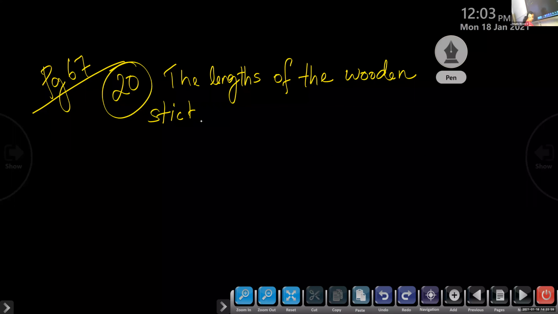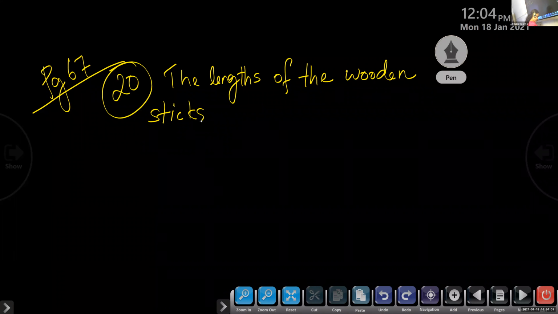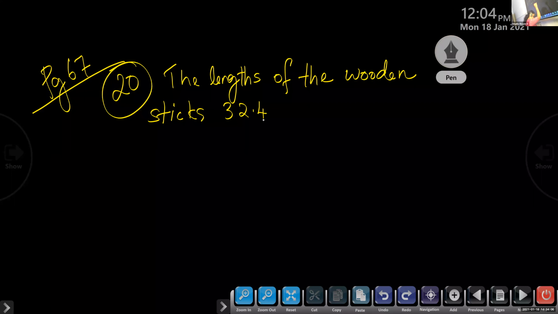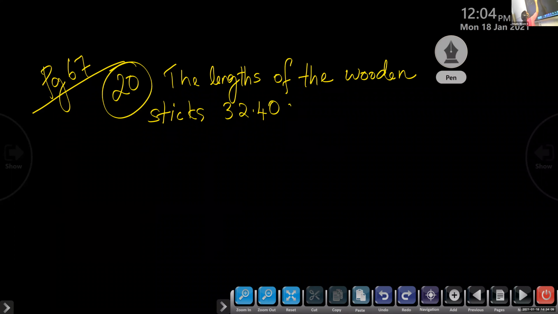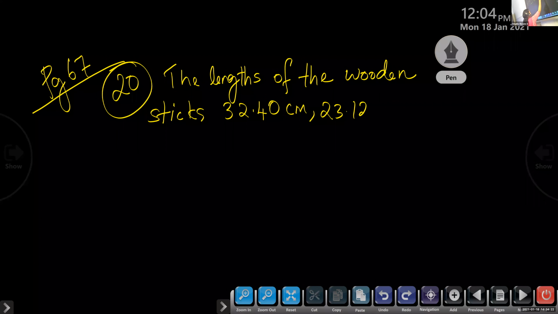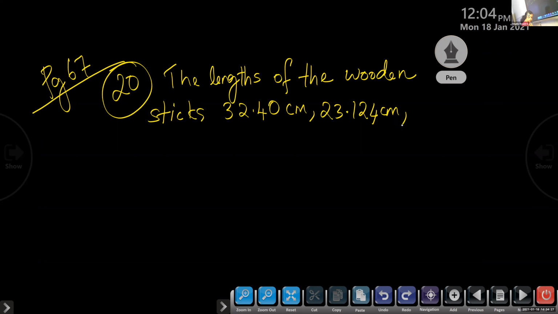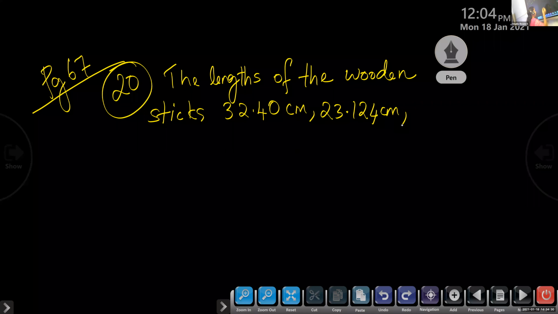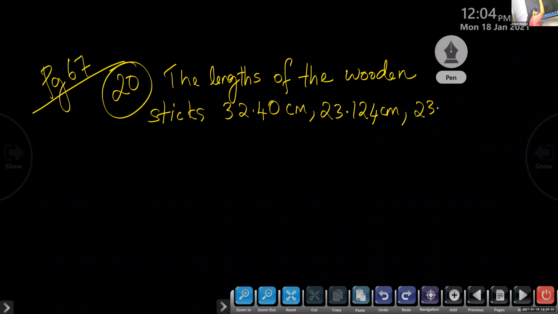So what are the lengths given? 32.40 centimeter, 23.124 centimeter, 23.523 centimeter.